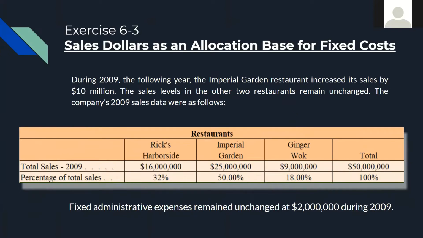In the following year, the Imperial Garden restaurant increased its sales by 10 million, but as you can see, the other 2 restaurants remain unchanged. Since the fixed admin expenses is also given at 2 million in 2009, let us get now the allocation per restaurant. Next slide, please, sir.